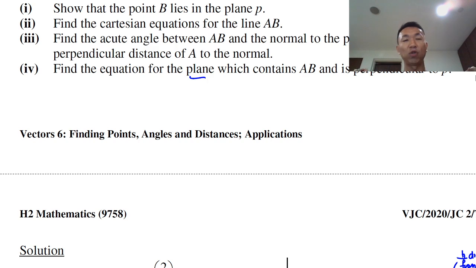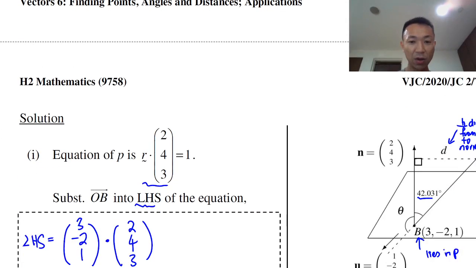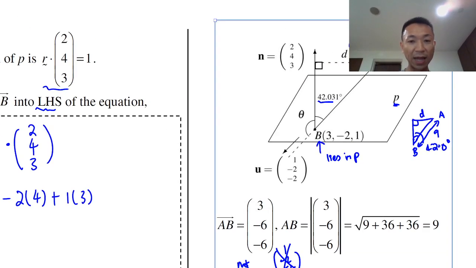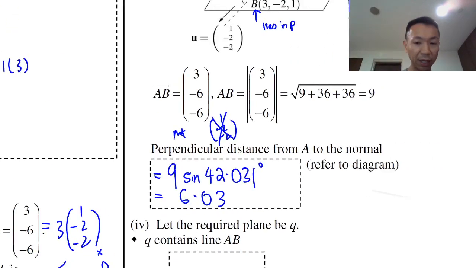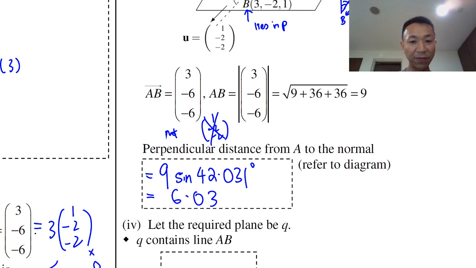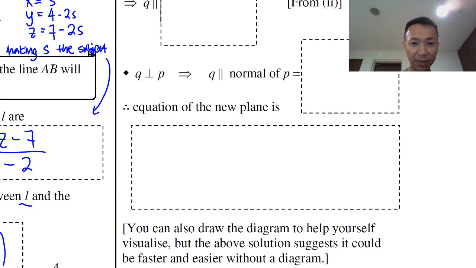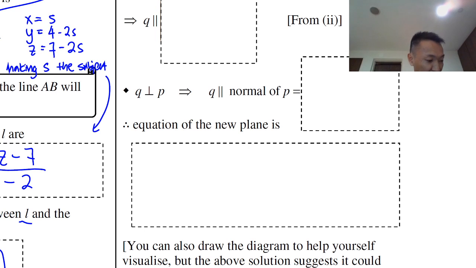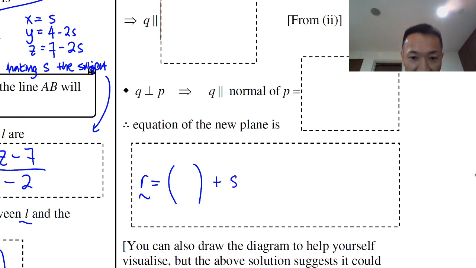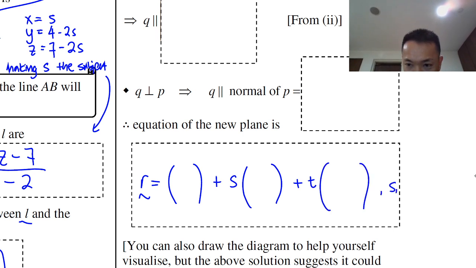Whatever form that you can give, you just throw to them. In this case, I would give the answer in a vector equation form. Why? Because the vector equation form, maybe I write down here, is like that. r equals to something plus s something plus t something, where s and t belong to the reals, right?